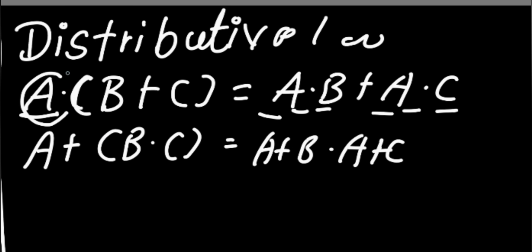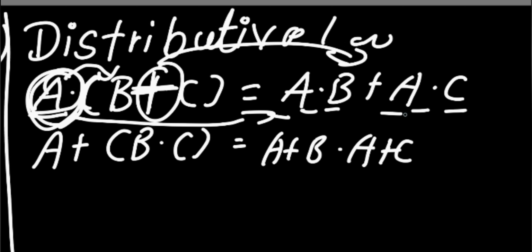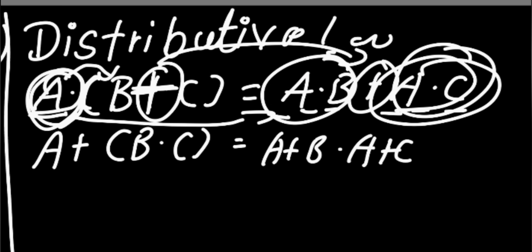Distributing A with B gives us A AND B, and the OR gate in between, and A AND C gives us A AND C here. So we are distributing the A to both of them using the OR gate in the middle.